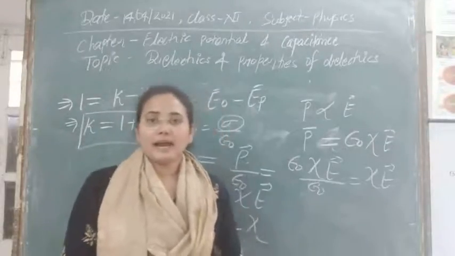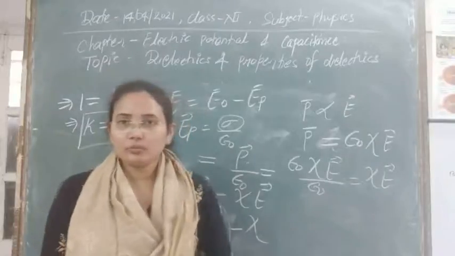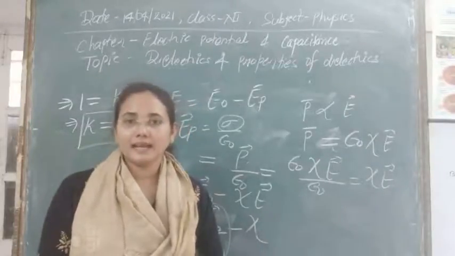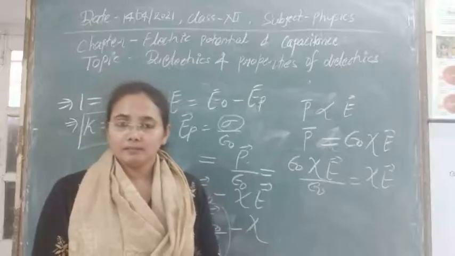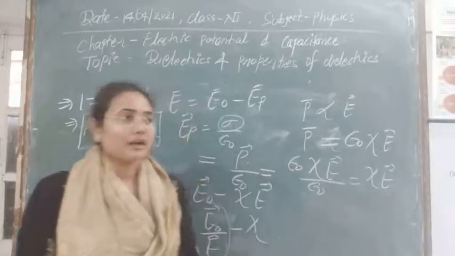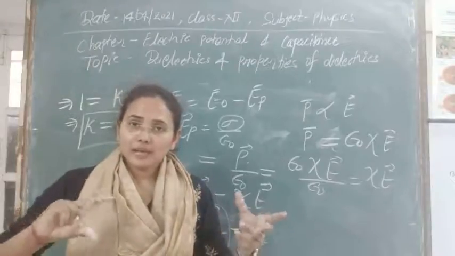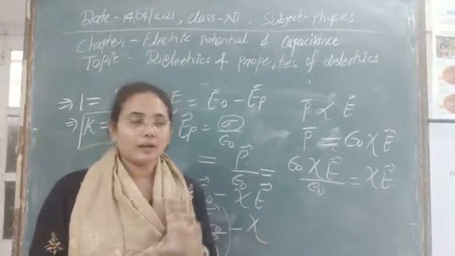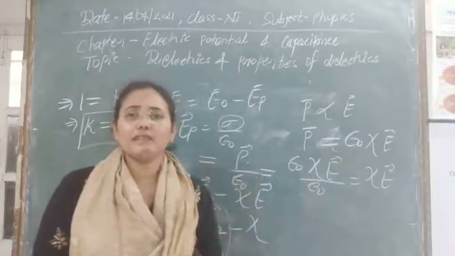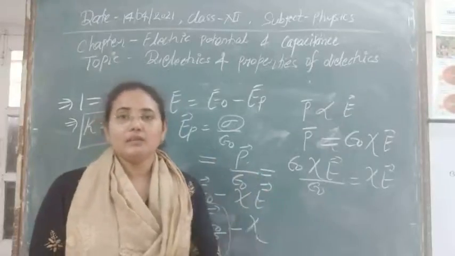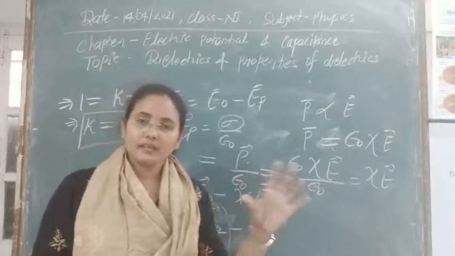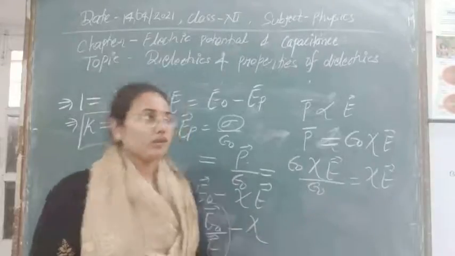So this is the strength to produce electric field inside a dielectric, known as its dielectric constant, and susceptibility is how much polarization can be produced for a particular value of the electric field that already exists outside.